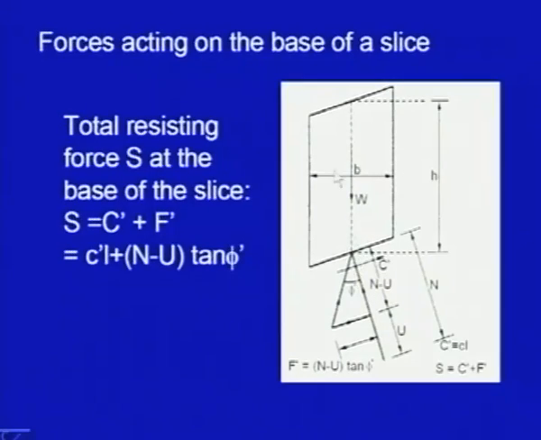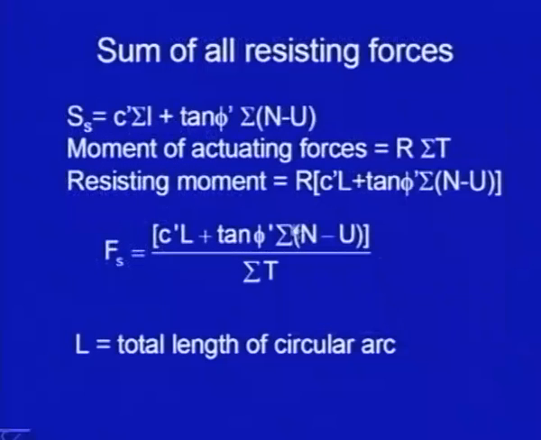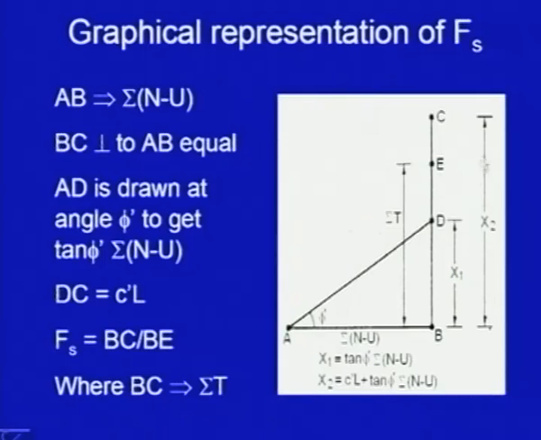From the forces on the slice, the total resisting force was found, and this was the expression for the factor of safety, and this is the graphical calculation of the factor of safety which we discussed last time. So, we can find the factor of safety for the trial surface, and then we had to take a number of trials, a number of surfaces, and then the minimum has to be selected.